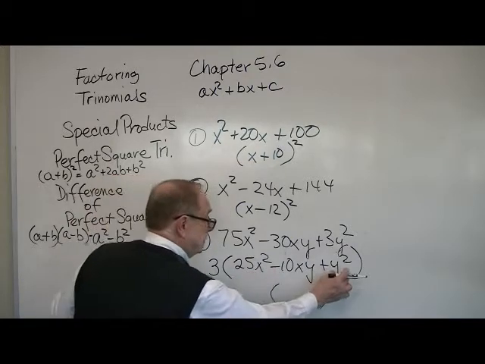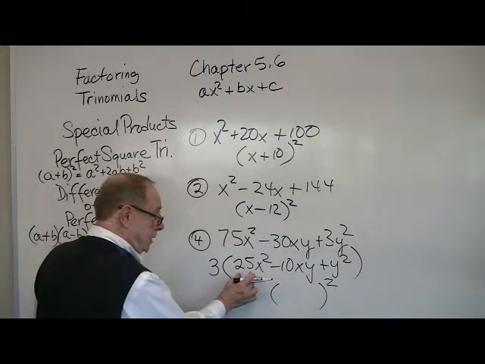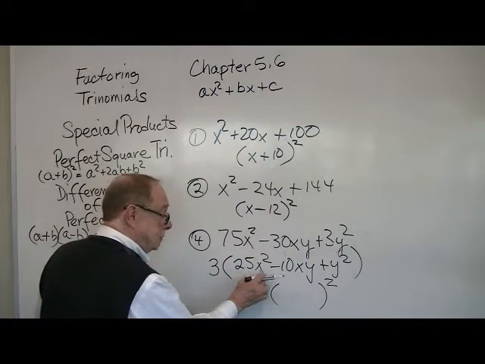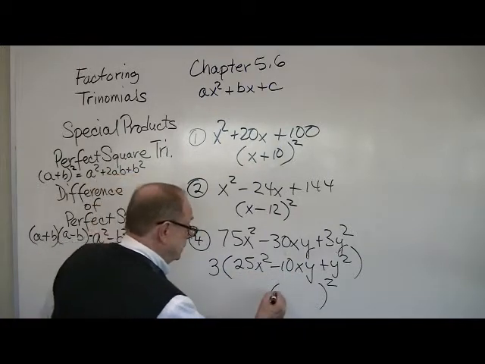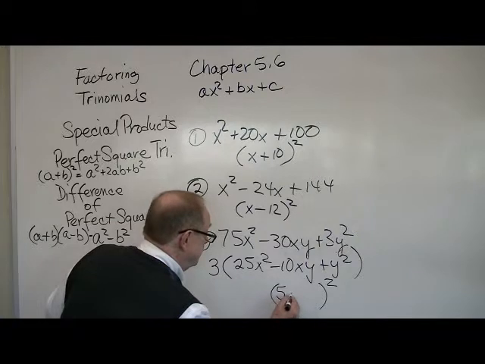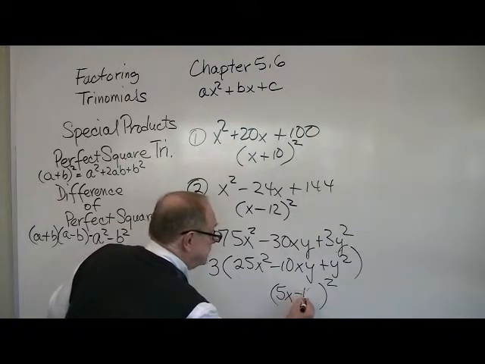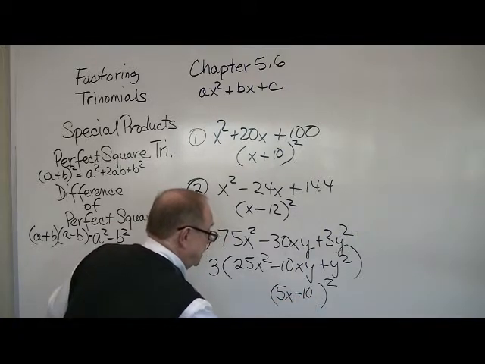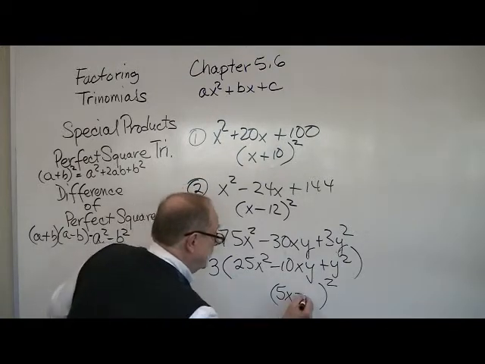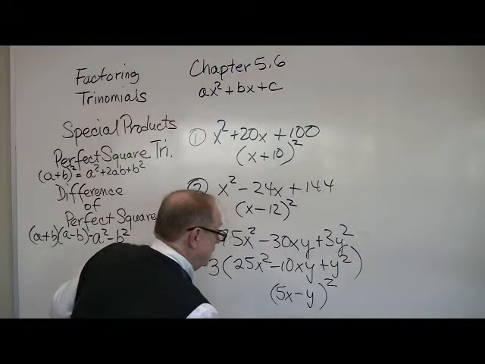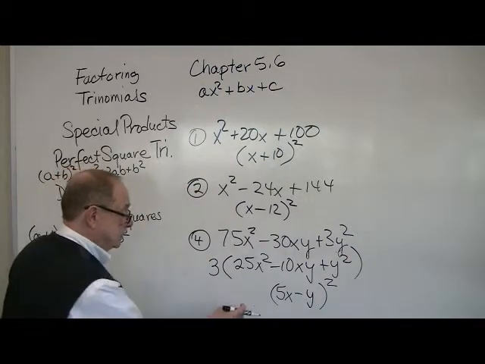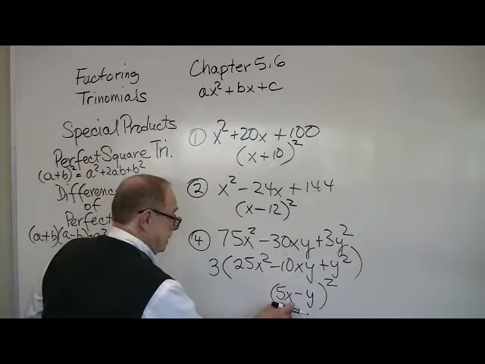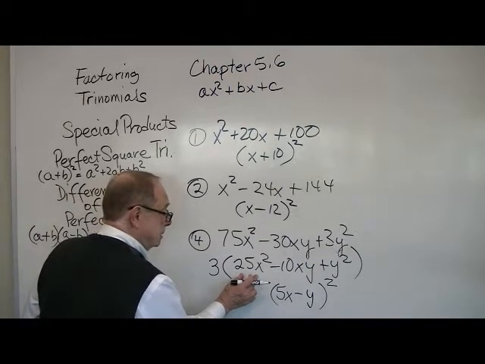Perfect square, square root of 25 is 5, double it, 10. So this is going to be 5x minus y. So if we square this first term, we get this.